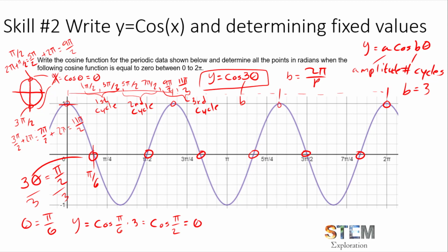But the reason that this produces a 0 value on the cosine function is because of the accelerating b term, the number of cycles. And so if this is pi over 6, what we just have to do is keep going through the rest of these and figure out what they are. So the first 0 that we've identified here is pi over 6. This is the answer that we're going to be looking for.